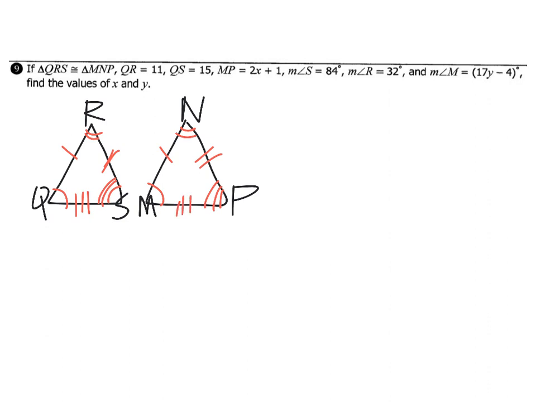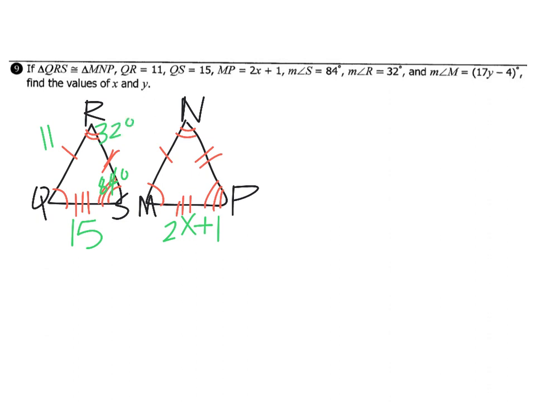All right, then label what we're given. We're given that QR is 11, QS is 15, MP is 2x plus 1. The measure of angle S is 84. The measure of angle R is 32 degrees.